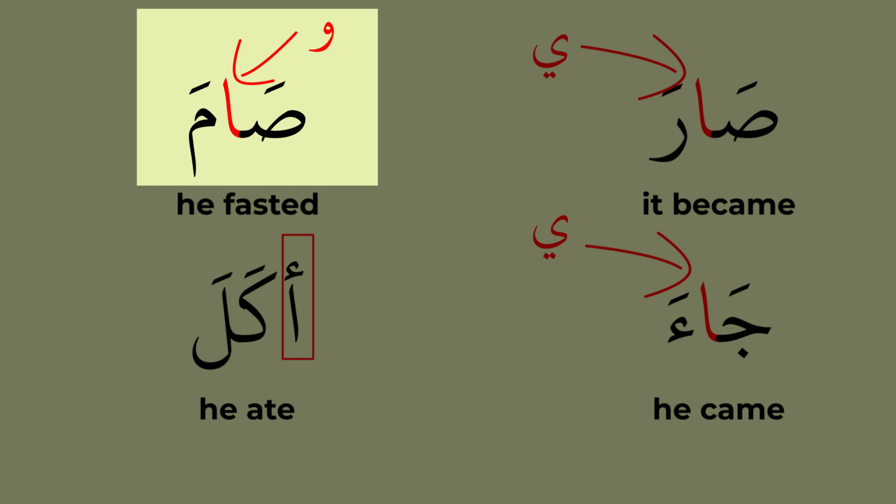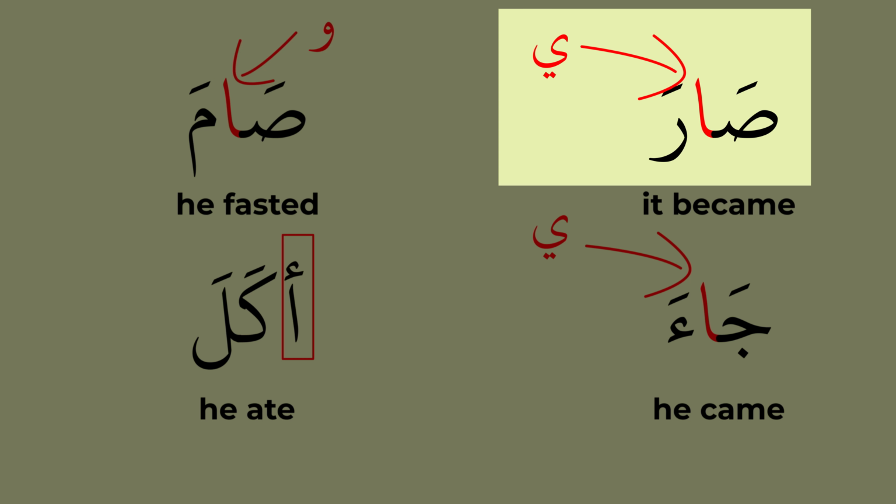For Sama, the alif represents a waw, and for Sara, the alif represents a ya. So if we take, for example, the verb Sama, originally it was Sawama, but to make the pronunciation smoother, it was Sama. So the point is, the alif can never be part of the three base letters of Arabic words.